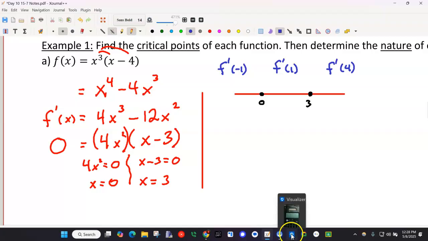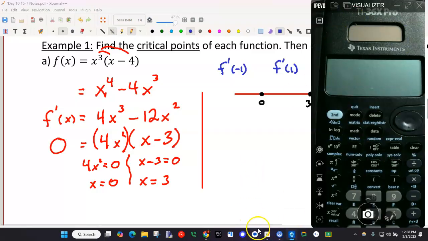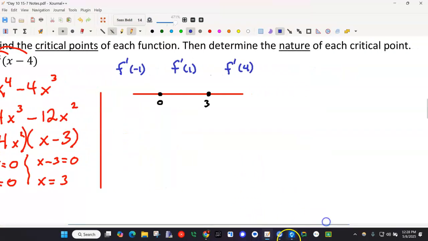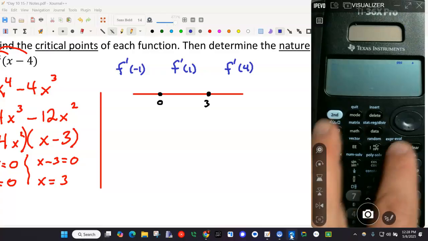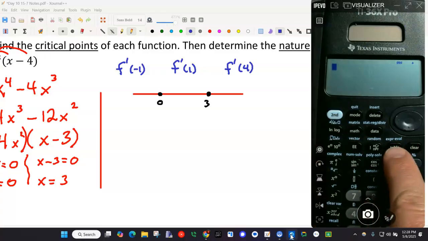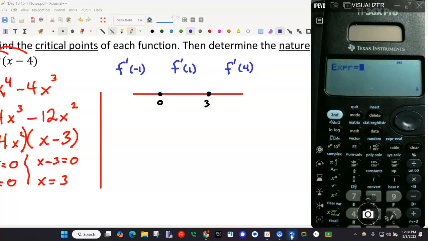All right, so check out your calculator. This one does have the evaluation if you want to use that, or you can just type it in. I like using the evaluation. So if I hit second, then I just have to type in my derivative function, 4x to the third minus 12x to the second.